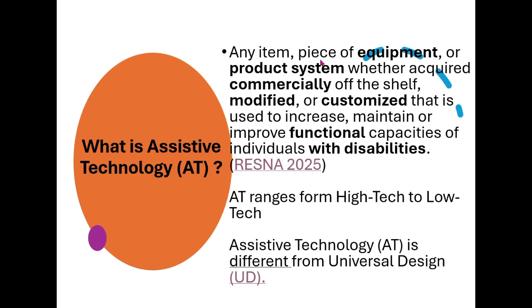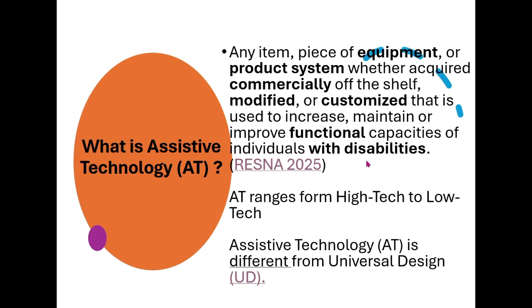Or maybe you take that wheelchair and modify it a little bit. You add something to it. You add a seating positioning system to it. You add a tray, a lap tray or something. Or the technology can be totally customized to one patient only. Now, the whole thing about technology is that it needs to maintain or increase functional capacities of individuals with disabilities.